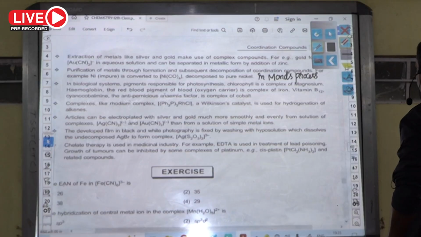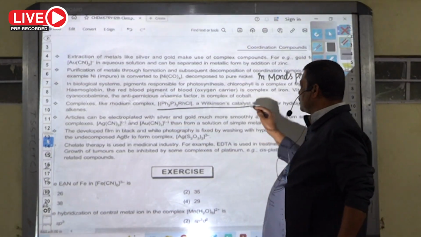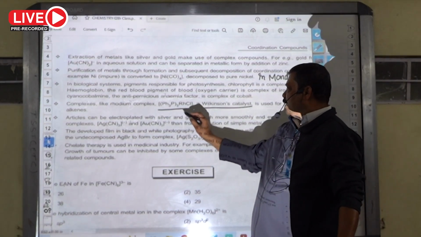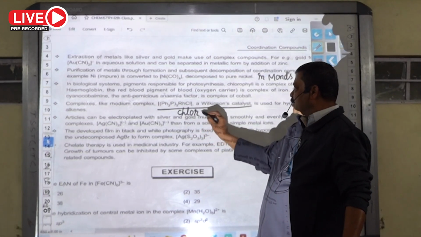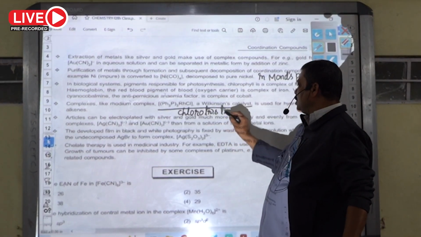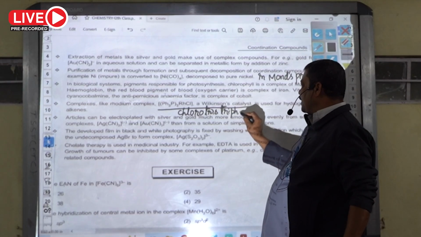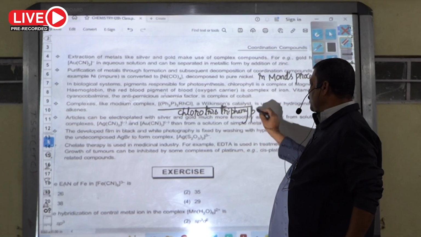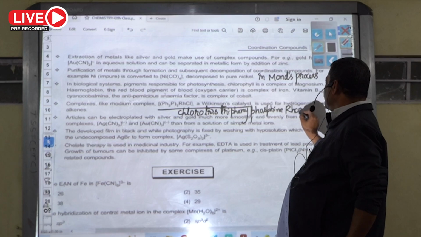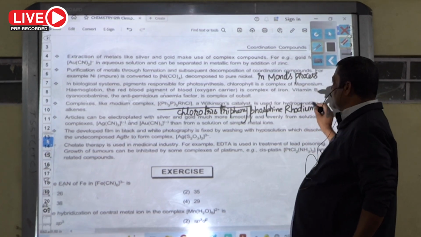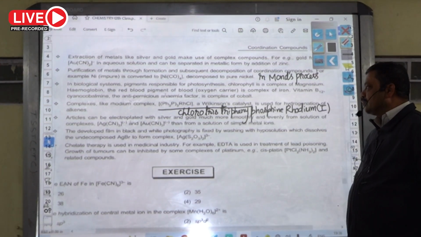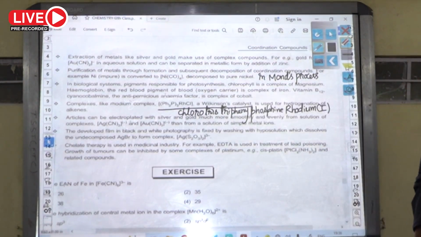Wilkinson catalyst, used in the hydrogenation of alkenes. Its IUPAC name is chlorotris(triphenylphosphine)rhodium(I).